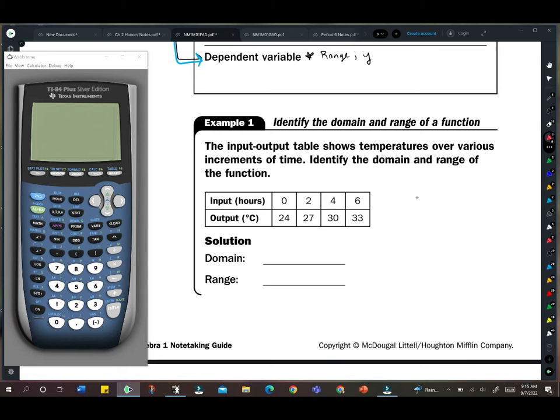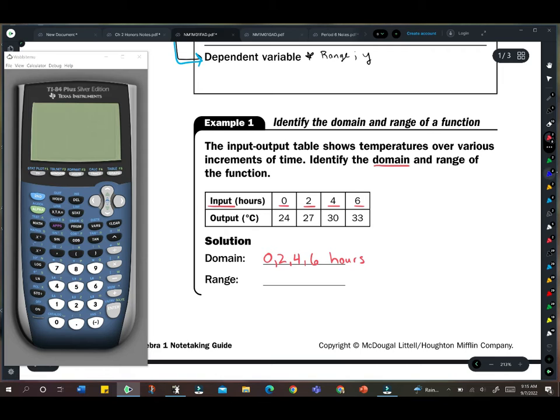Our first example, the input-output table shows the temperature over various increments of time. Identify the domain and range. Okay, the domain, again, is the same thing as the input. So pretty simple that the domain is 0, 2, 4, and 6.